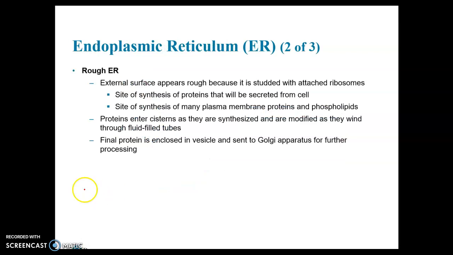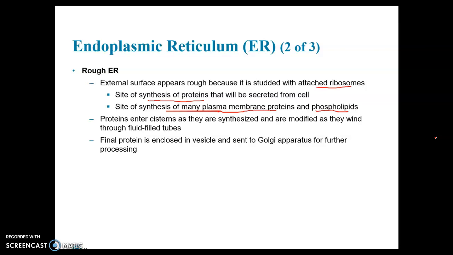The rough ER is the site of the synthesis of proteins, because it does contain ribosomes. It's the site of the synthesis of many plasma membrane proteins and phospholipids. So phospholipids would be the exception. You would think they would be synthesized in the smooth ER, but they're actually synthesized in the rough ER.